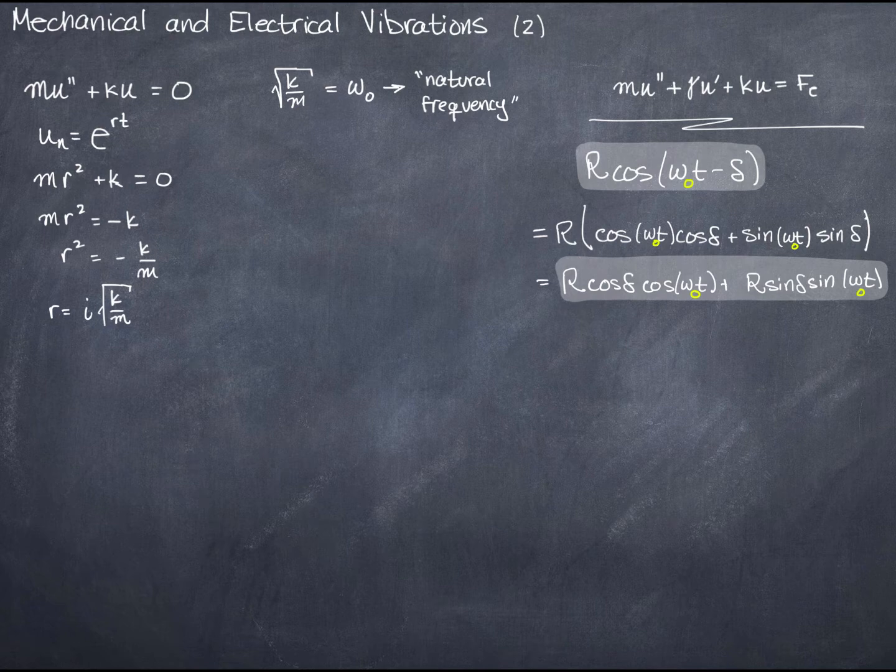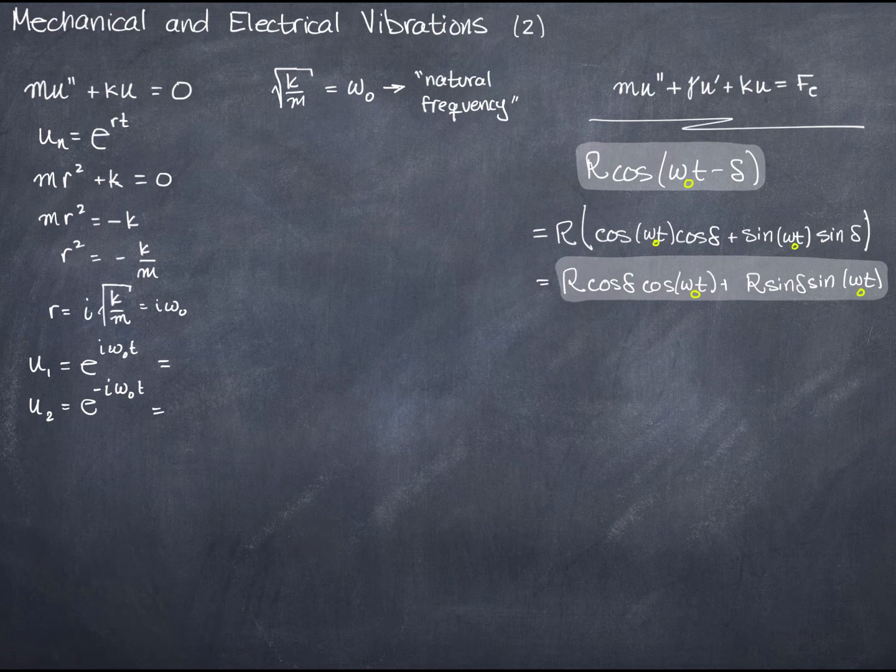Once I know what my r's look like in this case, I'm basically going to have a u sub 1 that looks like e to the power of i omega naught times t, and a u sub 2 that's e to the negative i omega naught t.